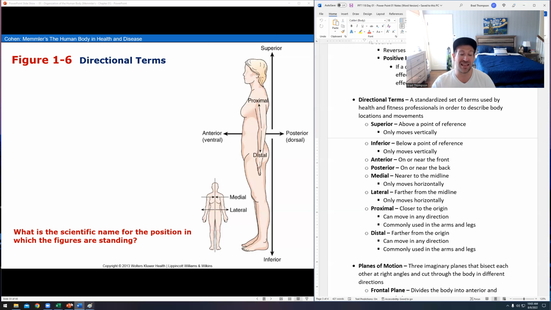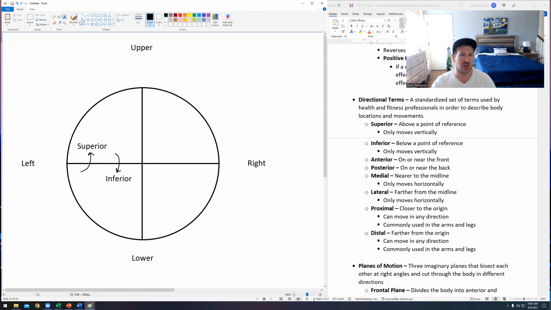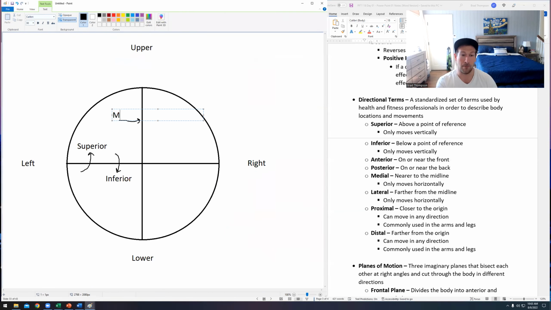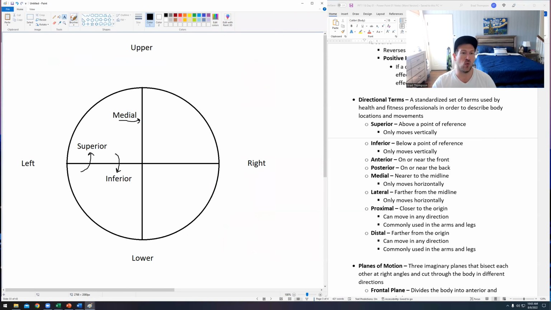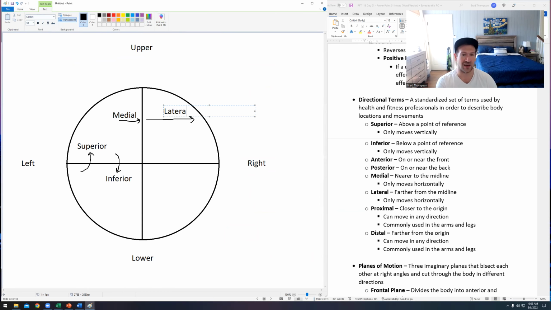Then we've got medial, which is closer to the midline. If we are moving towards this midline here, that is what we consider to be medial, or towards the middle. And if we move away from the line, that is considered to be lateral.